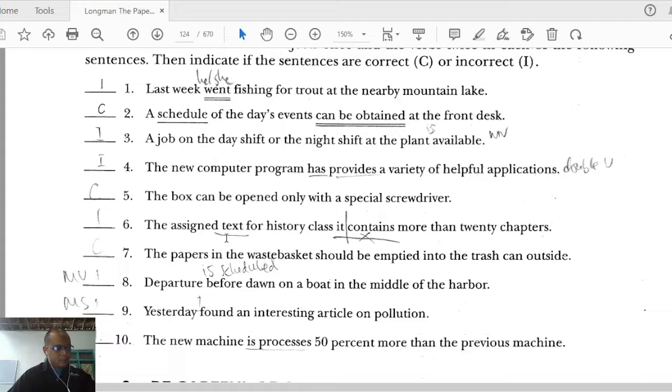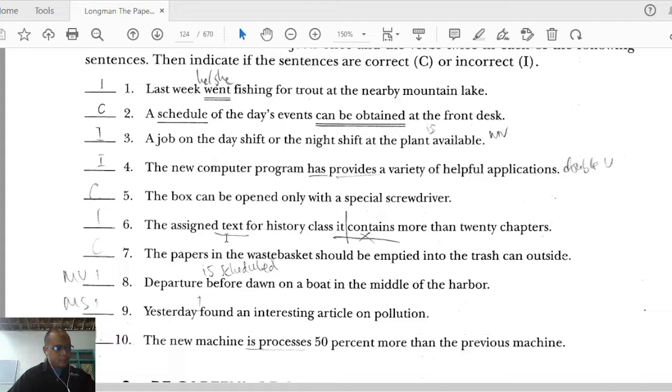Next one, the paper in the wastebasket should be. Berarti yang tadi salah ya, number 6 salah, incorrect. Number 7, the papers in the wastebasket should be emptied into the trash outside. Nah, ini correct ya. Ada subject, ada verb ya. The paper in the wastebasket, ini subject.